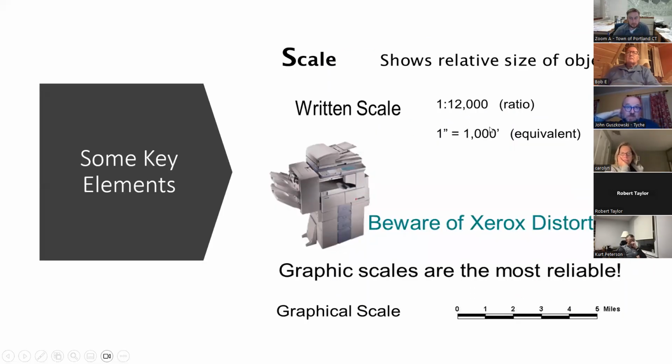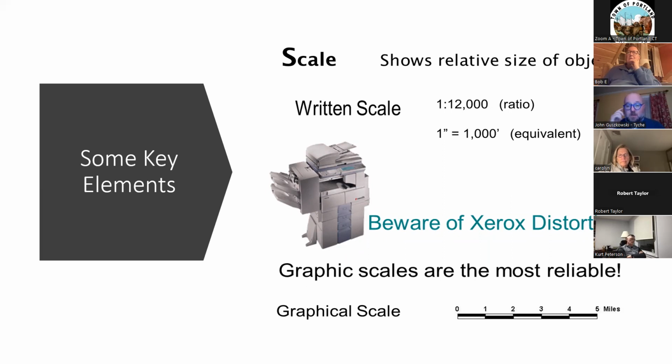Some of those very key things are scale, which is relative size. How much area are we actually depicting on this size map? We want the written scale and the delineated scale. So if it's a key map it would show something like an inch equals 1,000 feet, which is a ratio of 1 to 12,000.